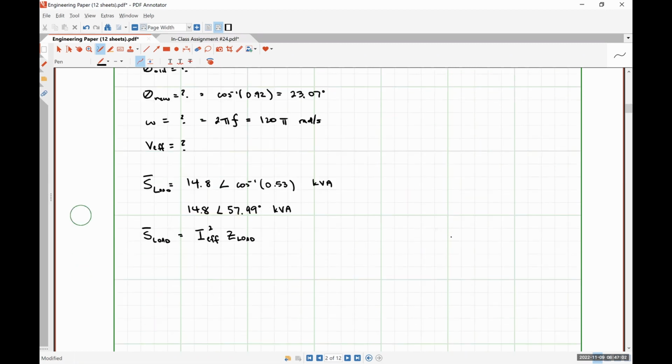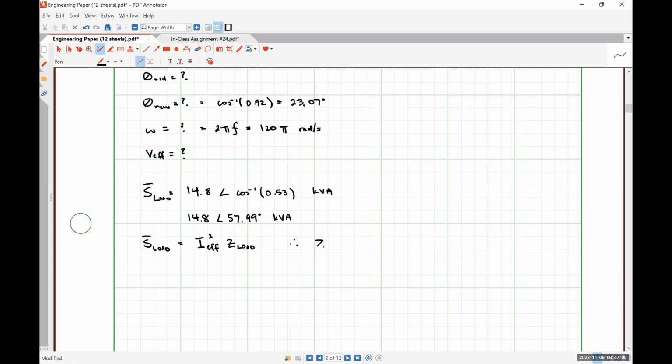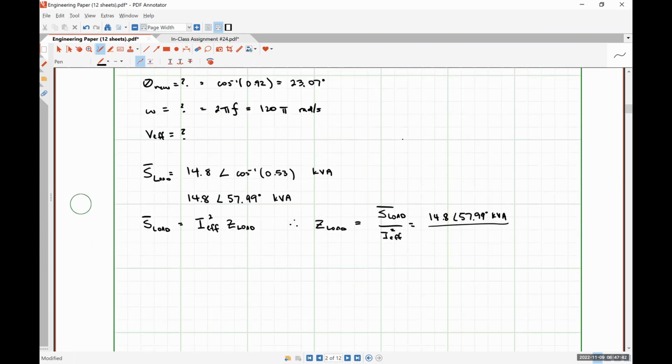So Z load here is equal to S load divided by I effective squared, which would be 14.8 angle 57.99 degrees kilovolt amps divided by 23 amps RMS squared.